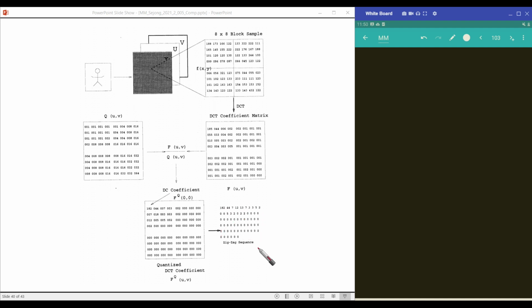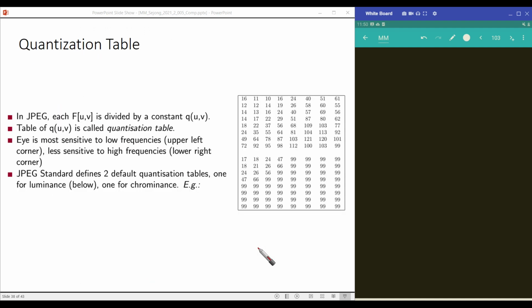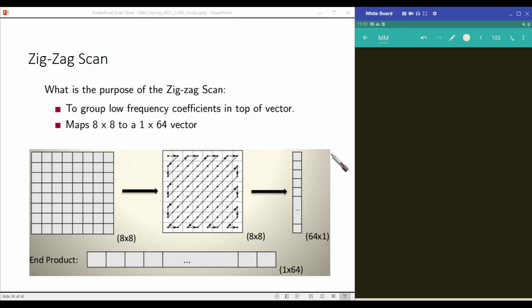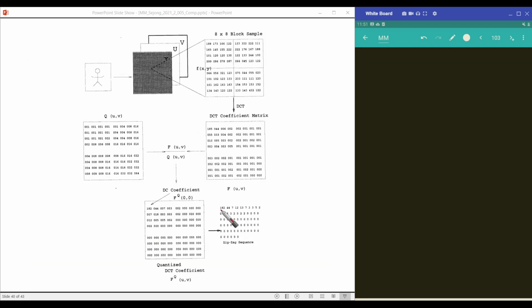So that means that after we convert and then divide by these quantization tables, and we take the zigzag pattern, you first see all the non-zero numbers, and then all the remaining numbers are zeros. It's the same as this one: just the first few numbers are non-zero, and then all numbers are zero.